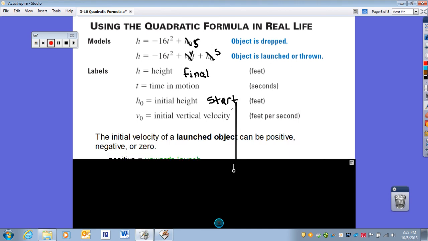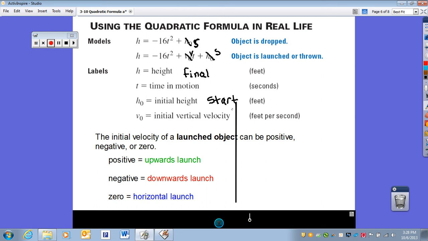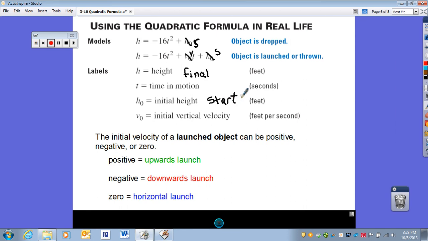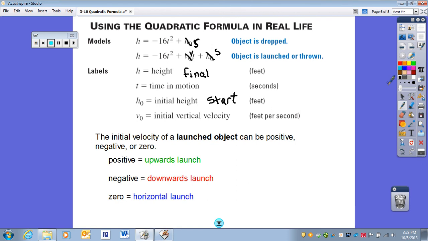Then, the initial velocity could be, remember, velocity is talking about speed and direction, so we could be talking about a velocity that's positive, where it's going up, negative, going down, or the velocity could be 0, which is a horizontal launch. So let's take a look at a problem and see if we can solve using the formula.